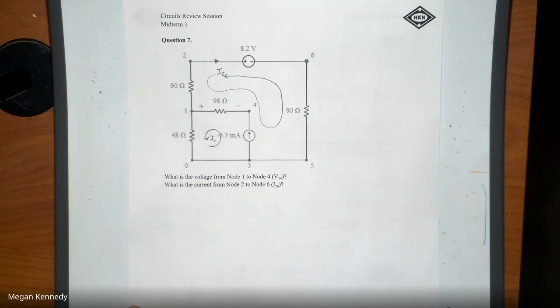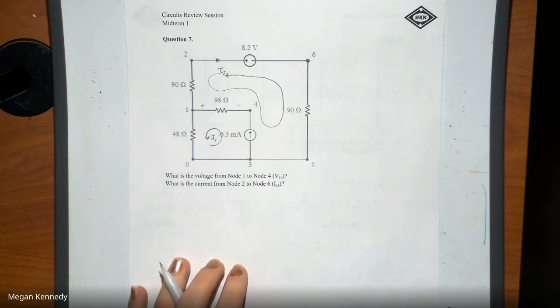All right. So with doing this mesh current, we noticed one major problem with having these two loops as they are, because of that current source, the negative 6.3 milliamps. So that is actually going to be our first equation.